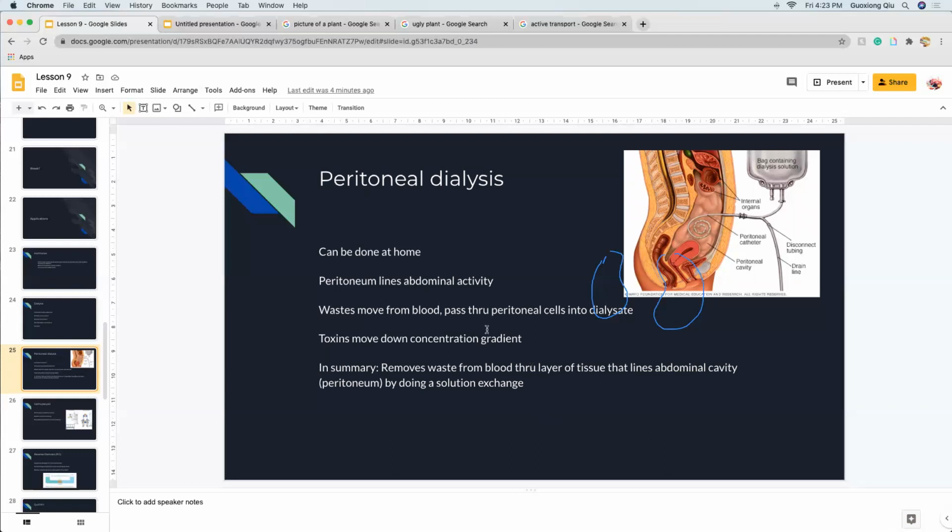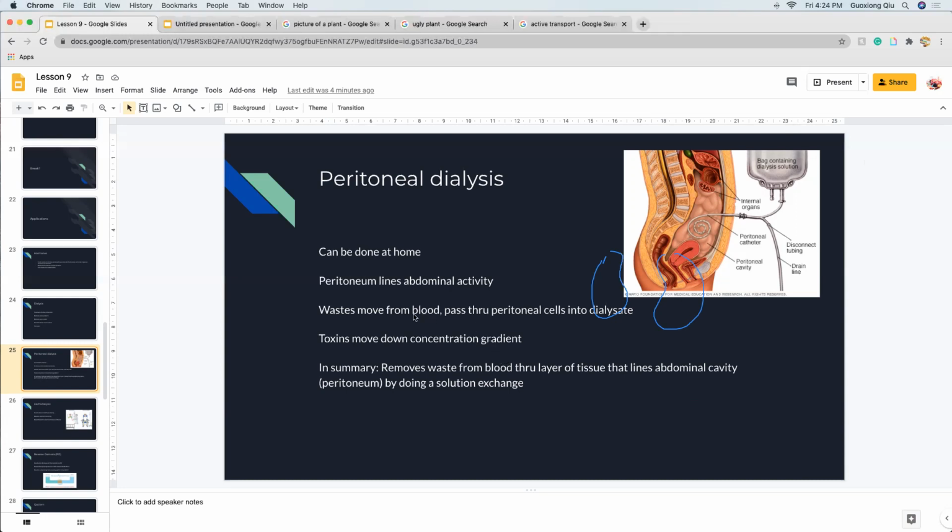Peritoneal dialysis uses your peritoneum, which lines your abdominal cavity. The wastes in your blood pass through your peritoneal cells, or peritoneum, okay? They pass through the peritoneum.